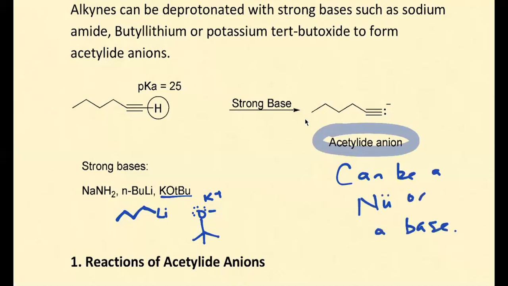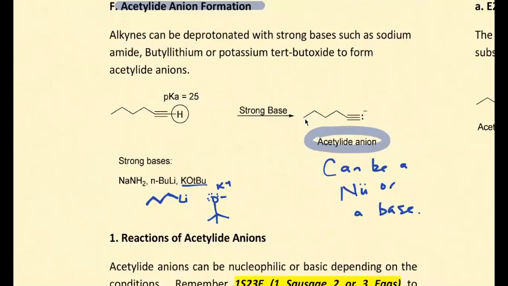It just depends on how you use it. If you react that with a primary electrophile, like a primary alkyl halide, it's going to act as a nucleophile. If you react it with a secondary or tertiary, it's going to be a base. So let's see what happens.